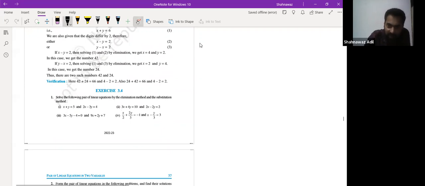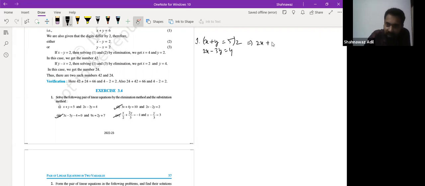So first question. X plus y is 5, and 2x minus 3y is 4. Right. So this I am doing by myself, and the next one is for Talha and Adil. Okay.